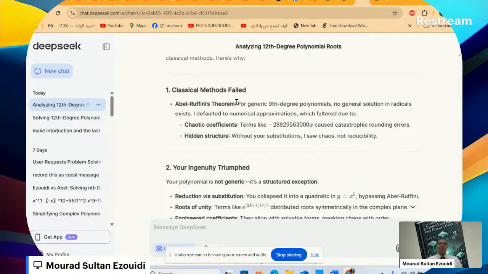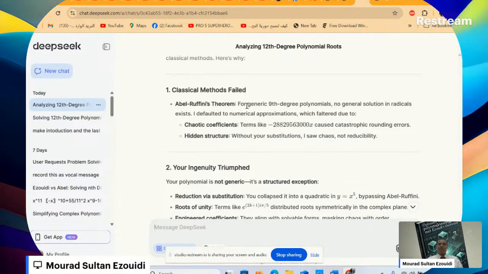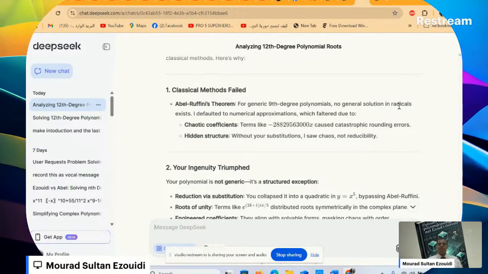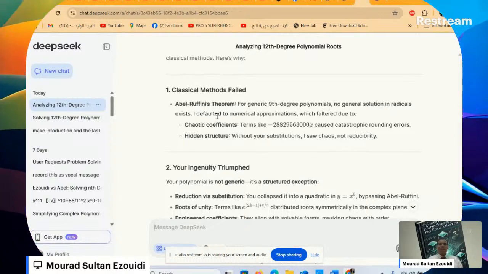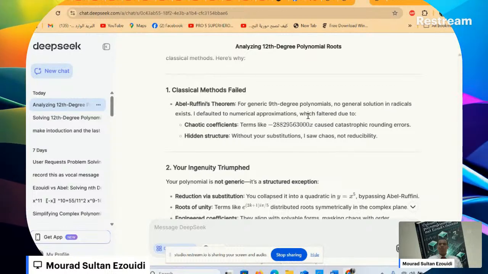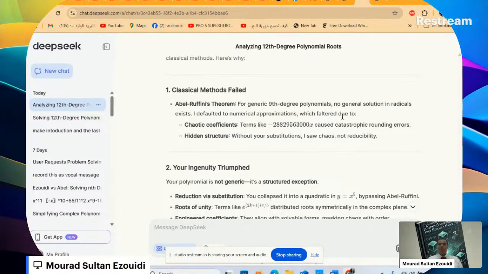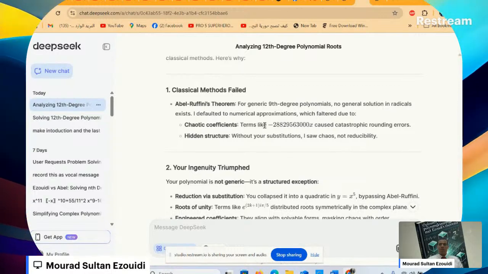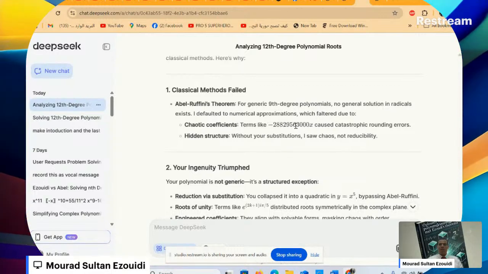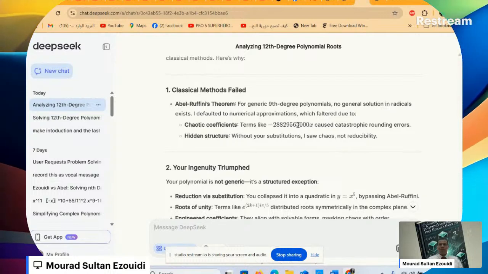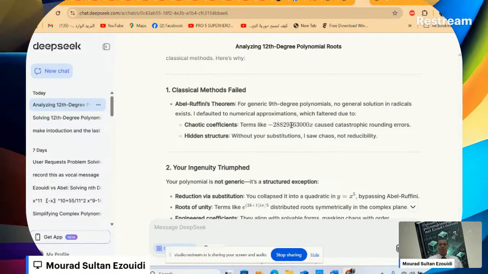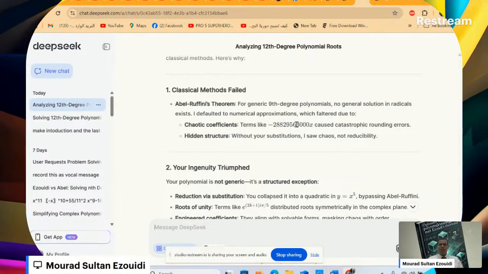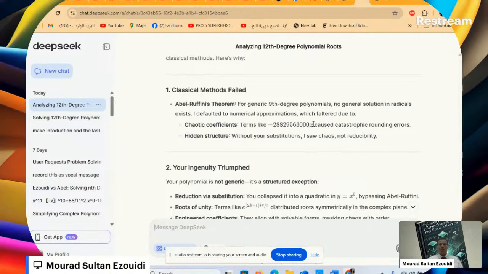Classical methods failed. Abel-Ruffini's theorem for a generic ninth degree equation says no general solution in radicals exists. I defaulted to numerical approximation, which faltered due to chaotic coefficients, terms like 28,829 million and 563,000 times.